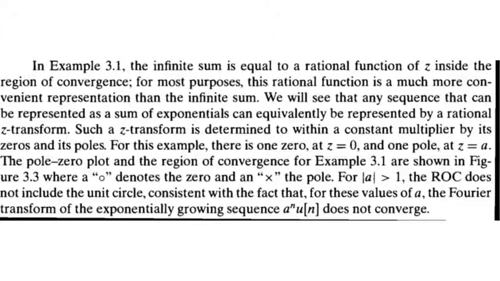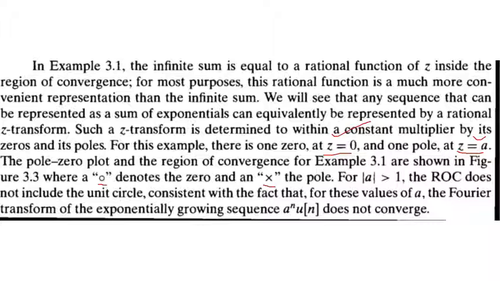So before moving on to the region of convergence, we will have a Z-plane and we will have a pole zero plot. So in pole zero plot, we represent 0 with this hollow circle and we represent poles with this cross. Okay, we know that we have a 0 at z is equal to 0 and we have a pole at z is equal to 1, because when we put z is equal to a, the function becomes infinite, and when we put z is equal to 0, the function becomes 0.